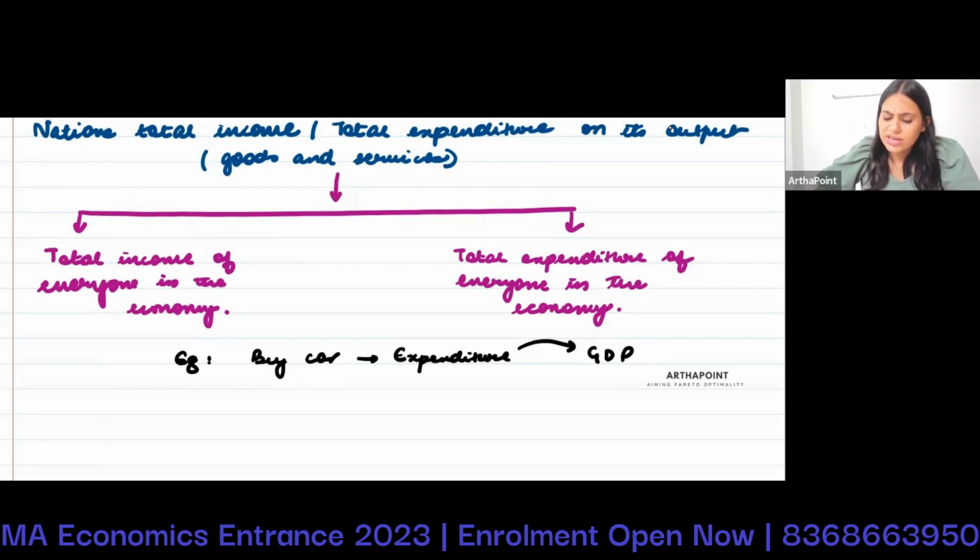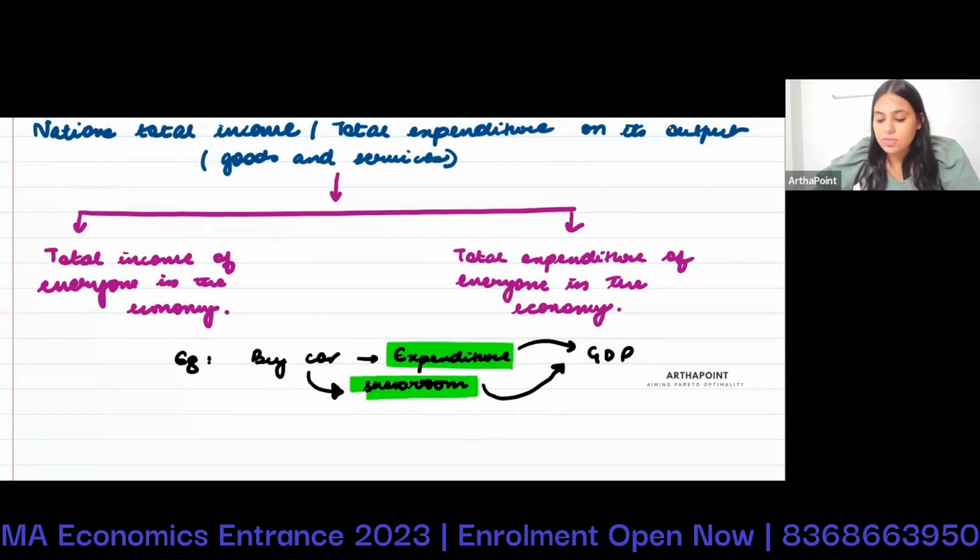Alternatively, you can consider that when you buy a car, it increases the income of the person from whose showroom you bought the car. And in that sense, it increases the GDP of your country. So either I can look at it from the side of expenditure, or from the side of income. Both of them would account to the GDP of the economy.